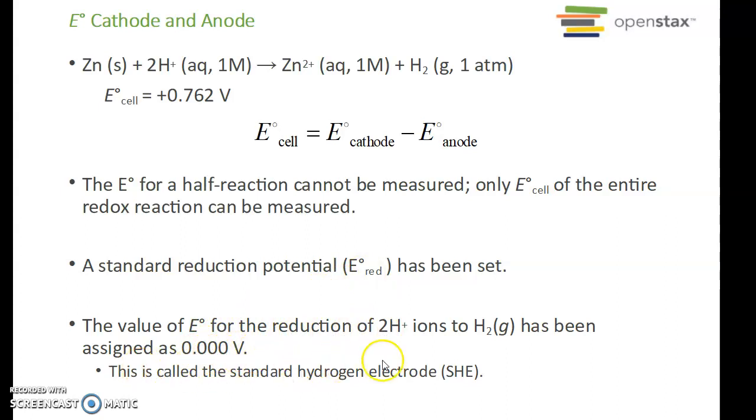This is the standard hydrogen electrode, SHE, okay? So it's against that value that all other values are then determined, okay? So the measurement is always of this, but then we always base everything back to what occurs with this right here as a standard 0.00 volts.